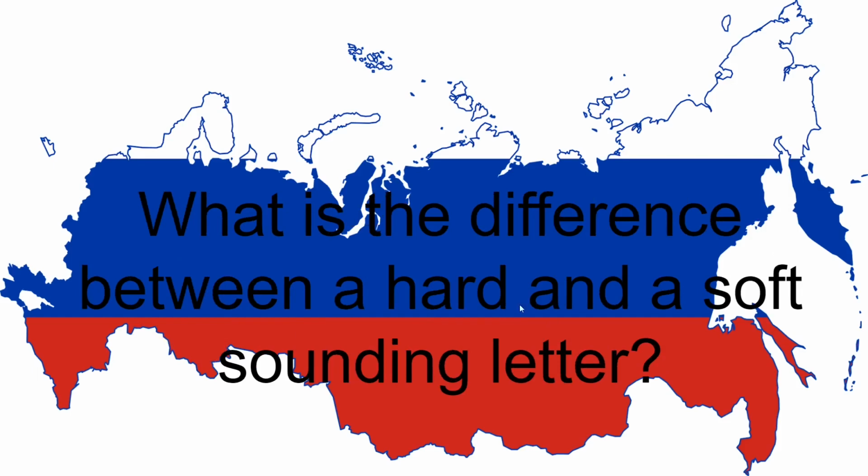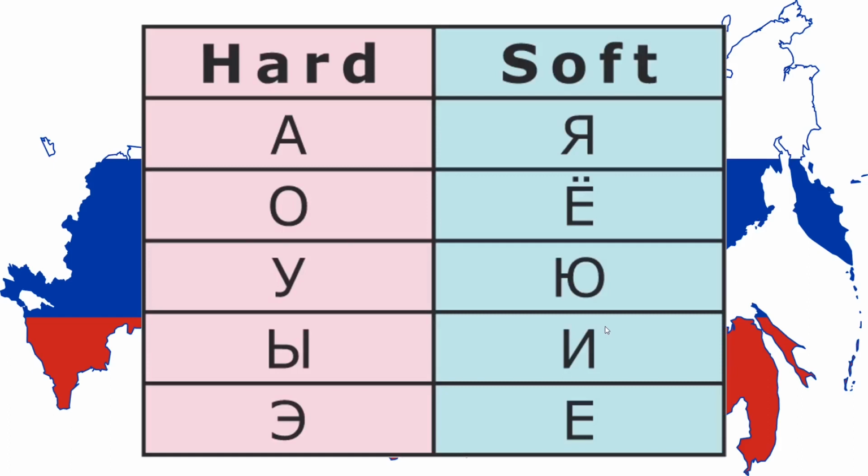Moving on, what's the difference between hard and soft sounding letters? So here's a table of the difference between hard and soft letters. When I say these 2 letters at the very top, the first one's hard. So for example, in the word apteka, which means pharmacy, the a is sort of like an a sound.